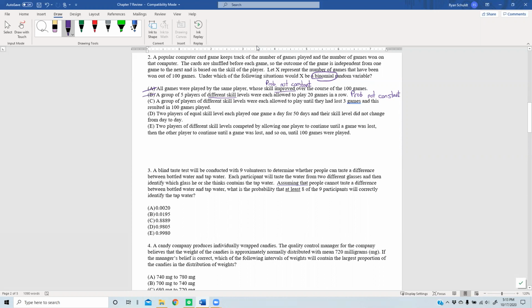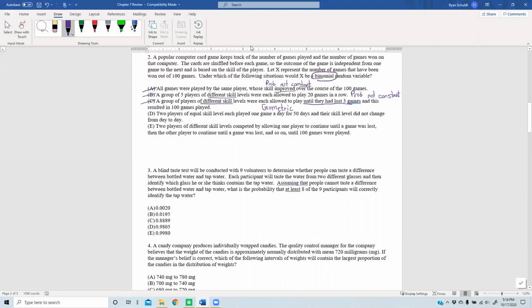C, a group of players of different skill levels were each allowed to play until they had lost 3 games. And this resulted in 100 games played. They played until they lost 3 games. What does that almost sound like? Geometric. Throw it out. D, 2 players of equal skill level each played 1 game a day for 50 days. Their skill level did not change from day to day.